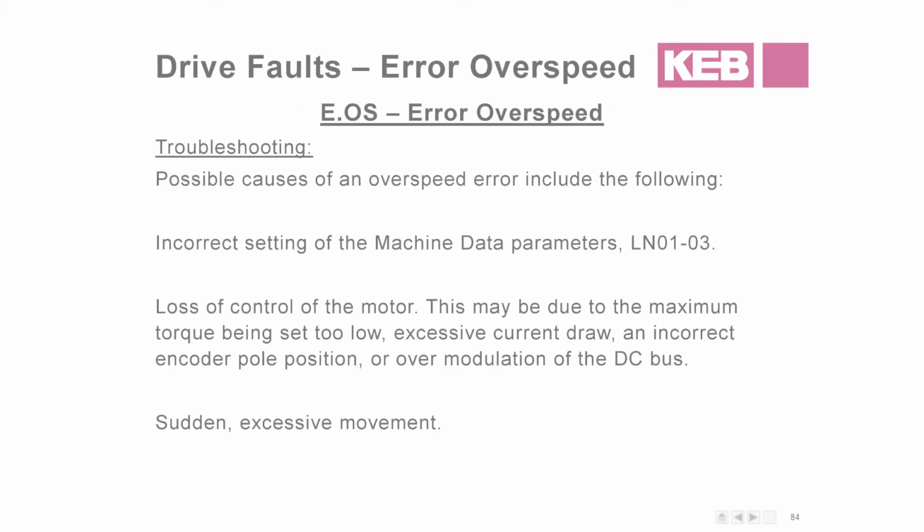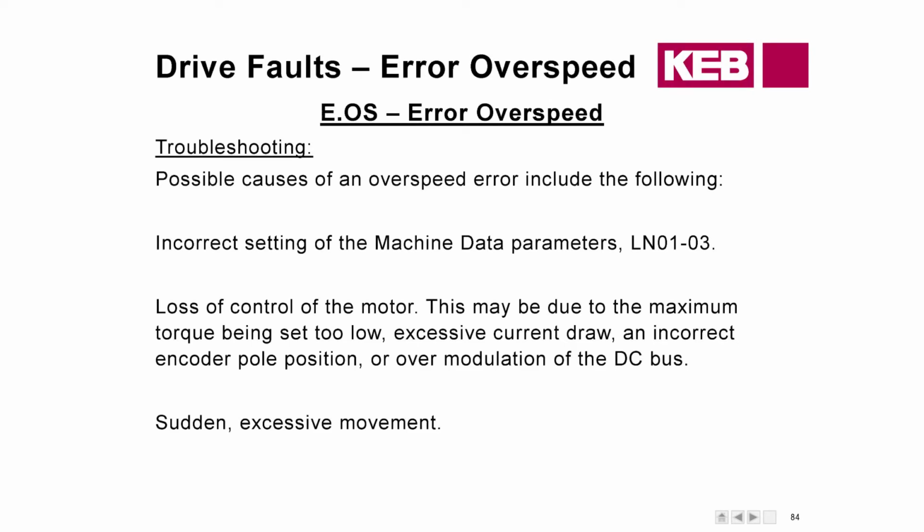If you've got loose control, that could be an issue where you've got just enough overshoot that you cause the overspeed. Another issue could be that machine data is incorrect. So it's an actual scaling issue. The drive is trying to go faster than what you have the machine data set up for. So that's one thing you can look at. To check that, you can look at inspection speed.